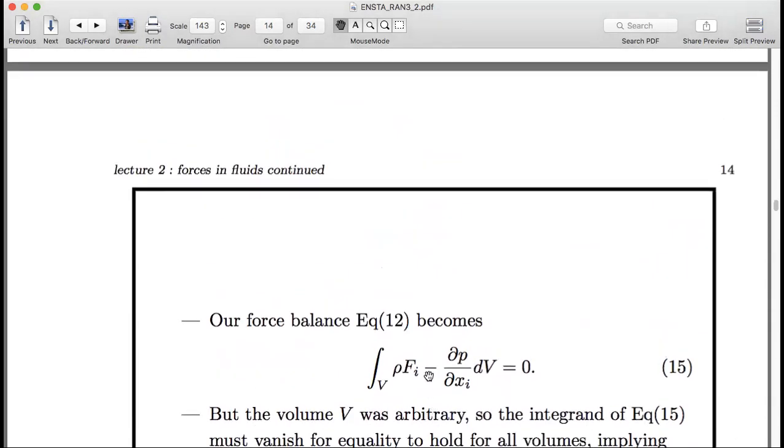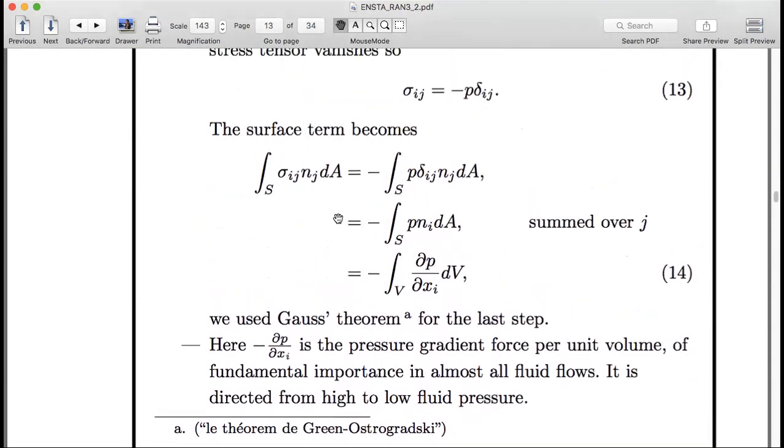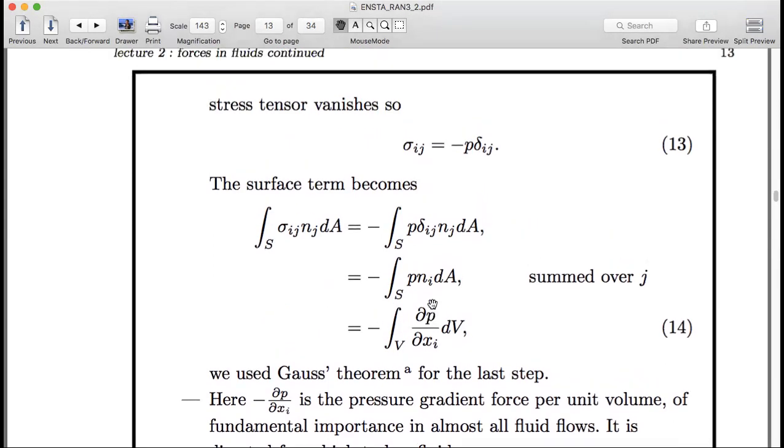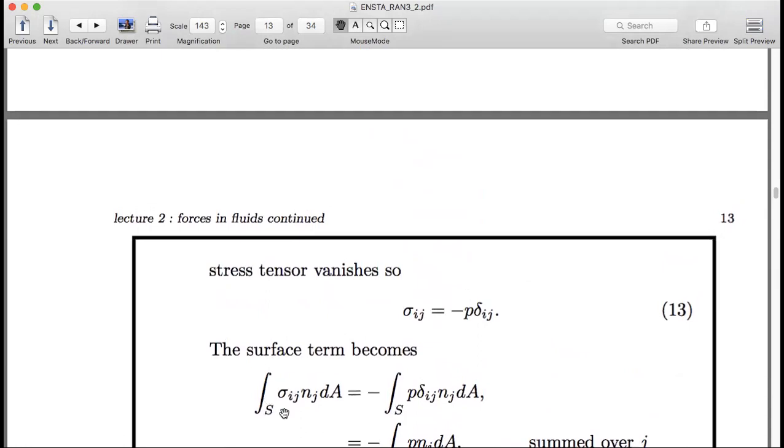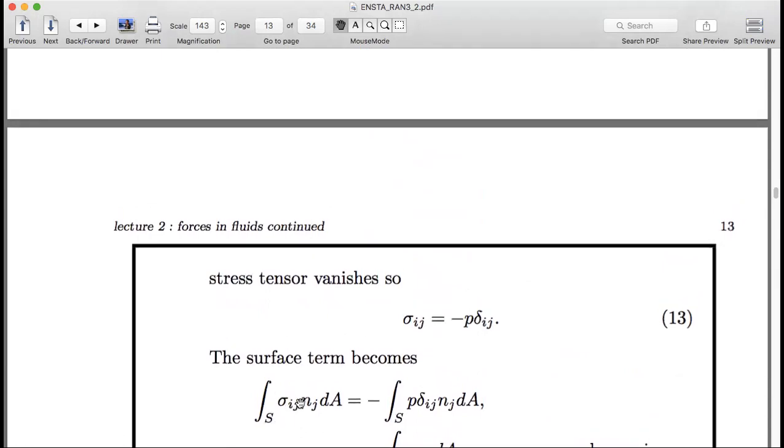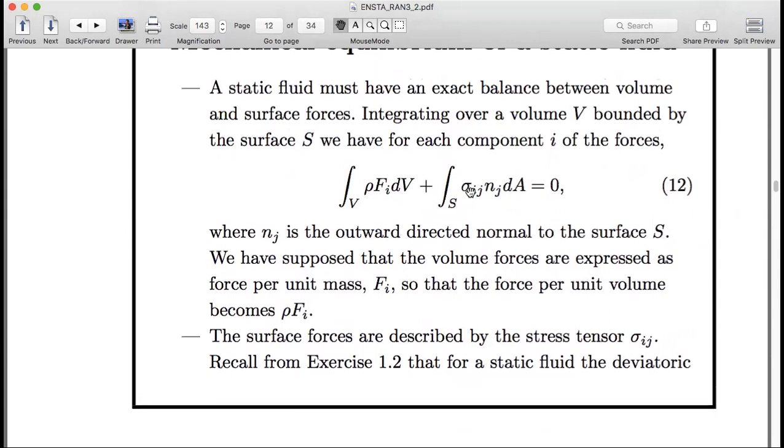So that was an aside on this surface term, right? Which we managed to rewrite as minus the integral of the pressure gradient force basically over the whole volume. And that whole thing is the second term on the left-hand side here in this equation 12.